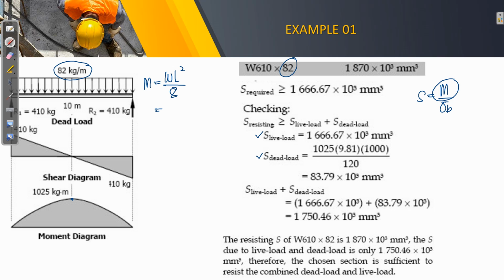So on that, first we need to, of course, multiply this by 9.81. Or if you want, you can directly substitute that one. So this is 10 squared all over 8. And this is equal to 1025 kilogram meter. So here it is, the maximum moment, and it is located at the mid span of your beam.